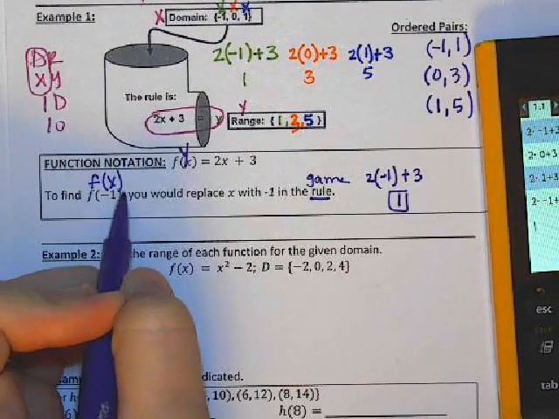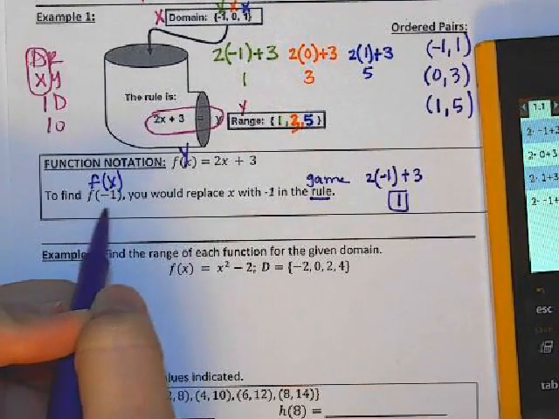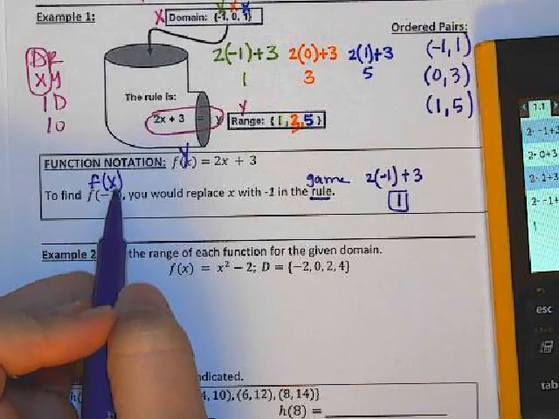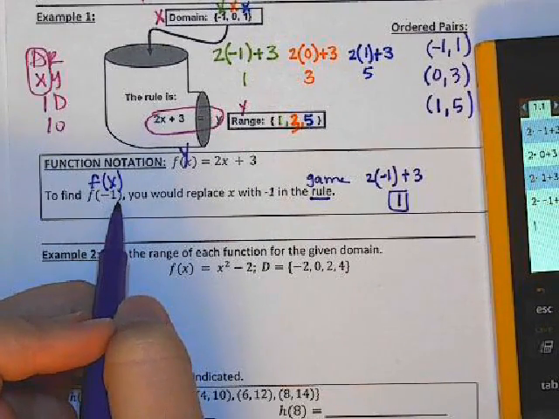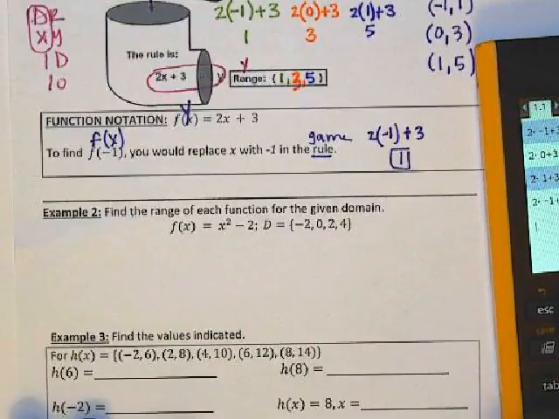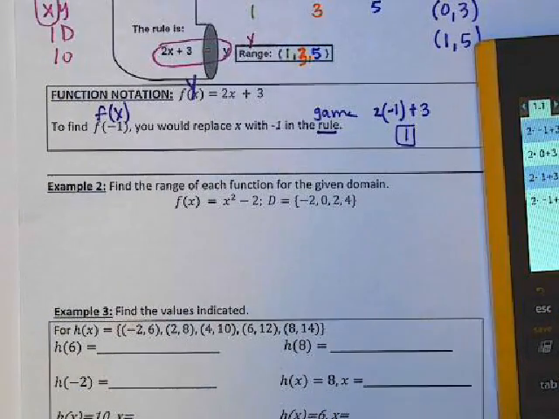But the entire thing together, all of it means Y. But the -1 is only in the X spot. Okay, does that kind of make sense? Okay. All right, look at 2. It might make sense more in just a second, okay? You'll get it, I promise.